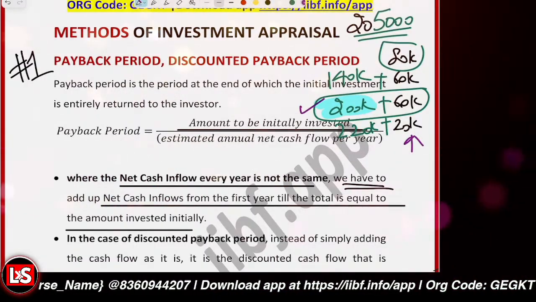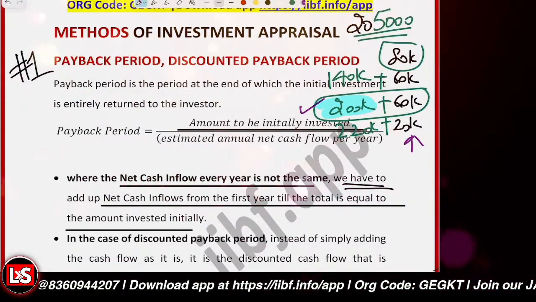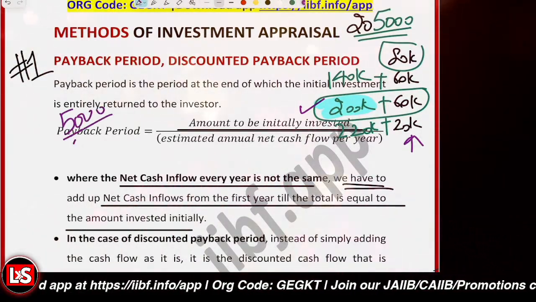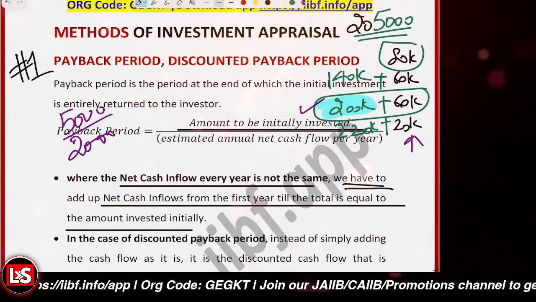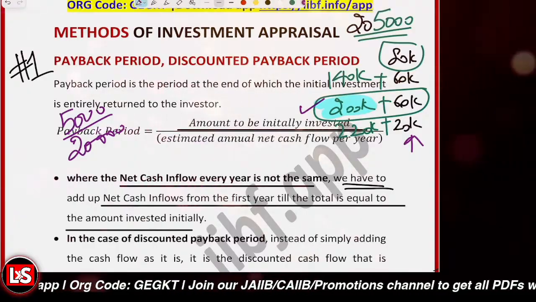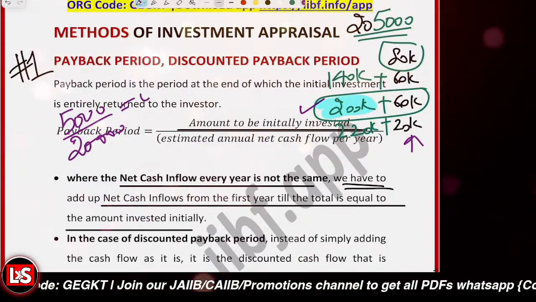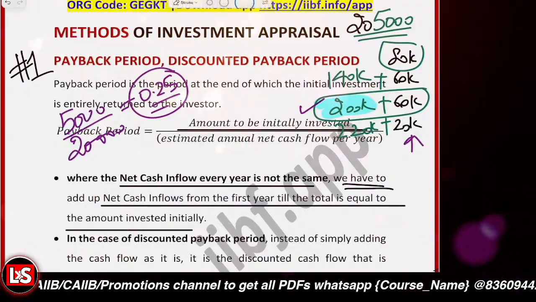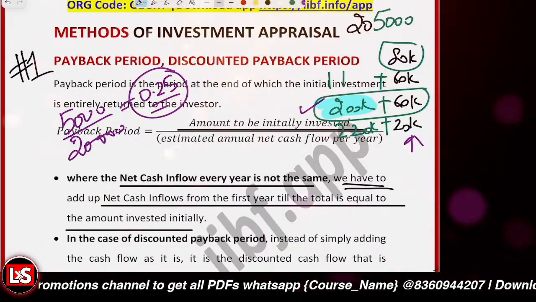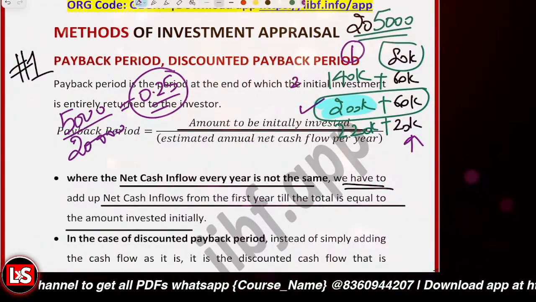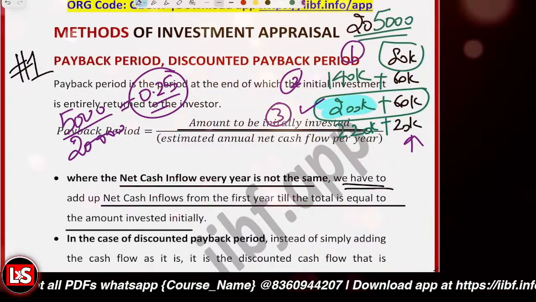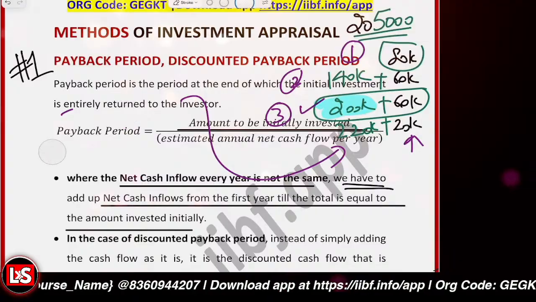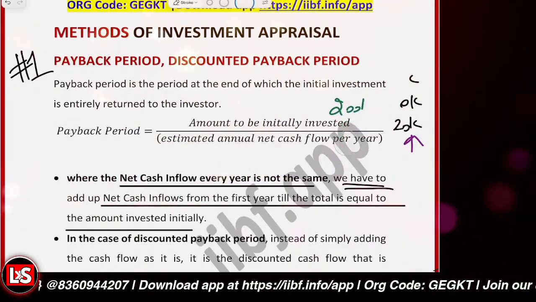So the fraction of the year would be 5,000, the amount that was left, divided by 20,000, that is 0.25. That will be added back. So it is 1, 2, and 3 complete years plus the fraction of the fourth year. Getting it? This is how we can calculate.